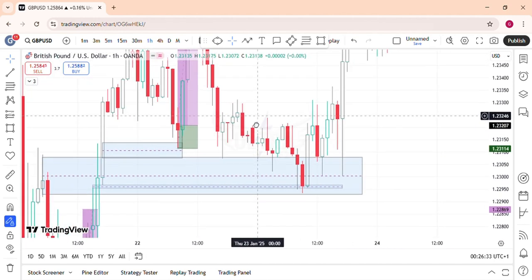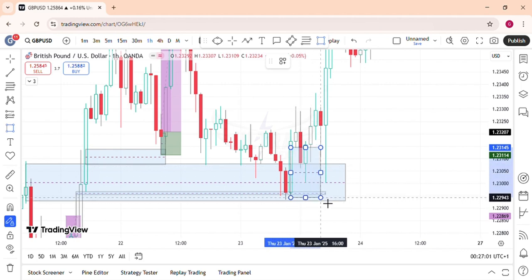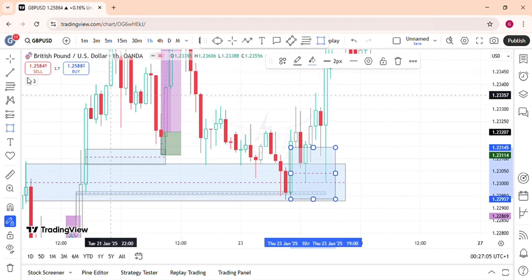So we need to look for a break of market structure every time to give you that assurance that the market is actually going up. Now this is your fair value gap here, from here to this high, to the tip of the wick of the previous candle here, or you can just make it to the end of that order block.